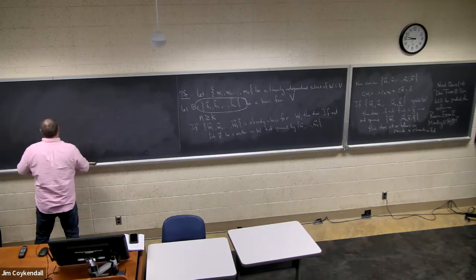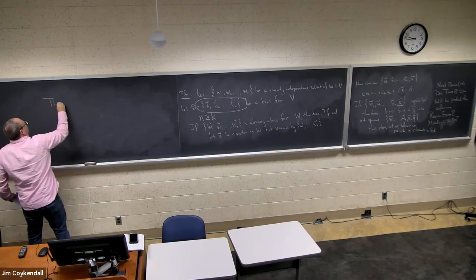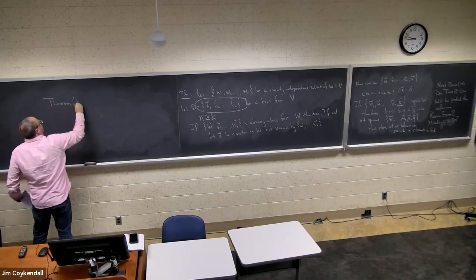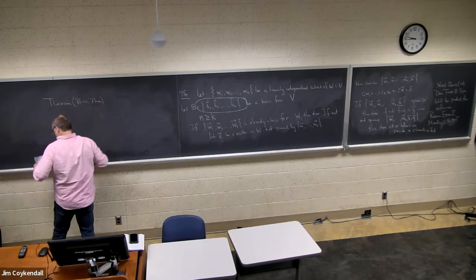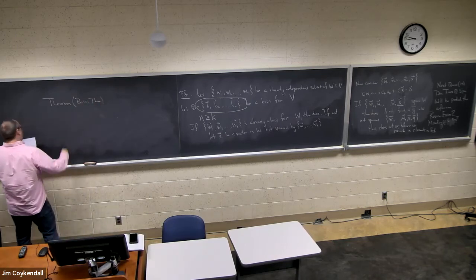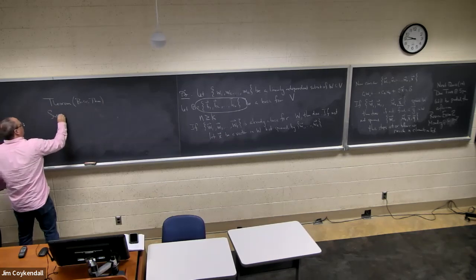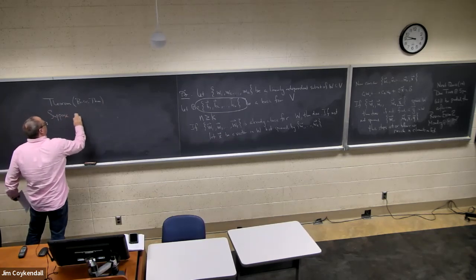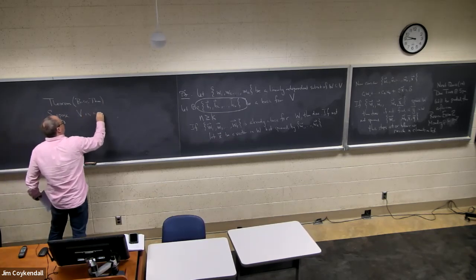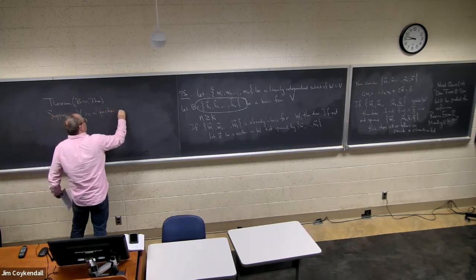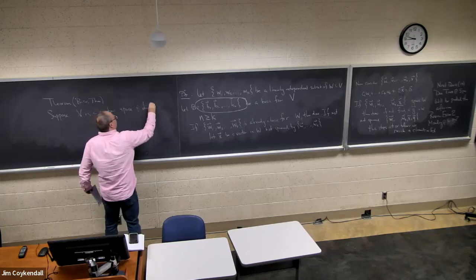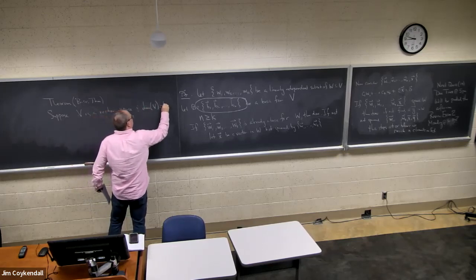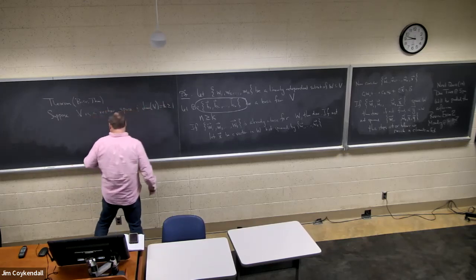All right, so theorem. This is called the basis theorem. Suppose V is a vector space, and the dimension of V, I'll call it K, is bigger than or equal to 1.